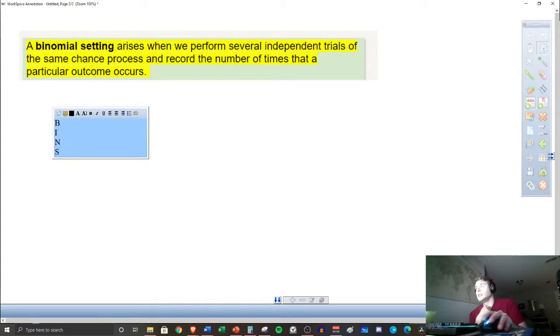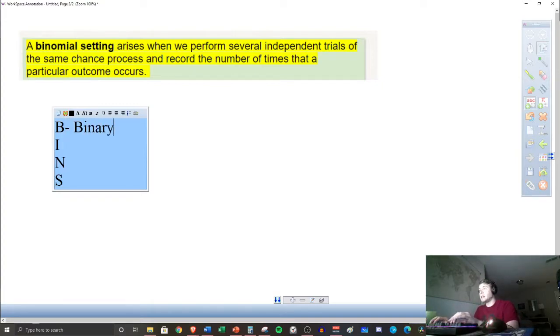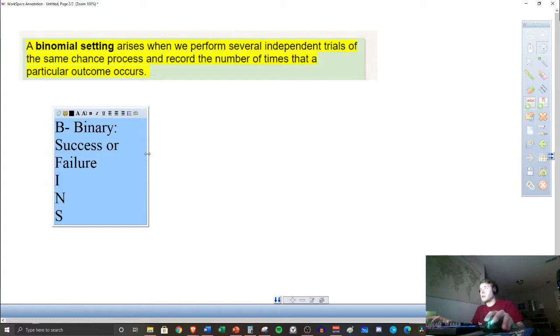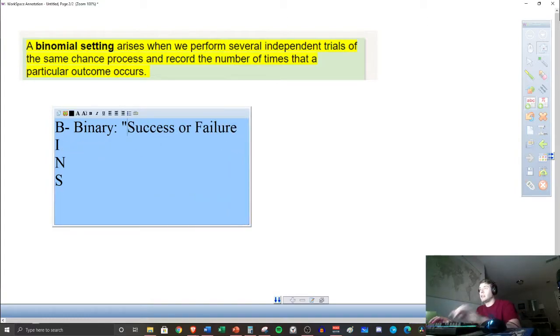Okay? This is something you need to keep in mind when you're trying to identify if it's a binomial setting, okay? So the first thing, B stands for binary, success or failure, okay? That's sort of the simplest way to put it. There needs to be two options that happen each time you're going from trial to trial, okay?